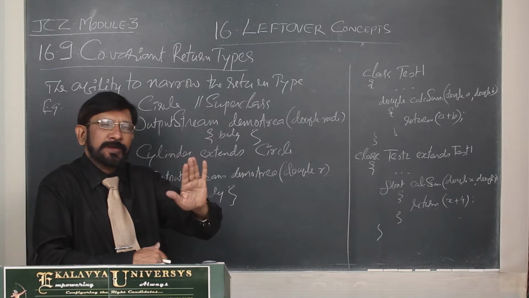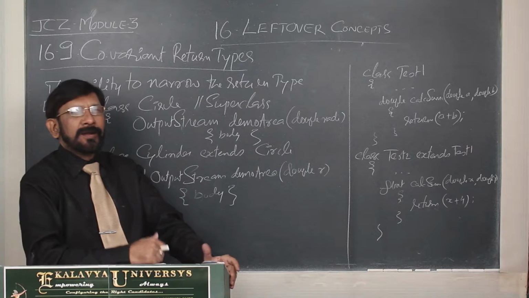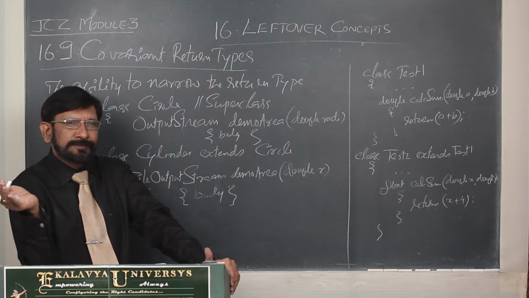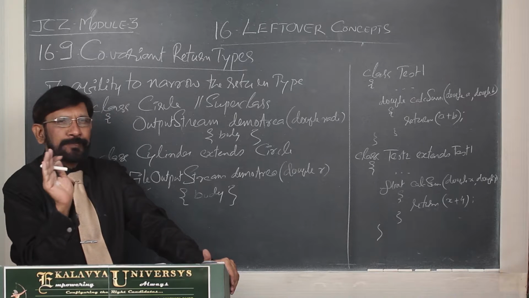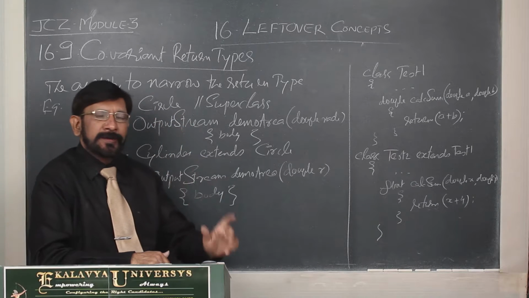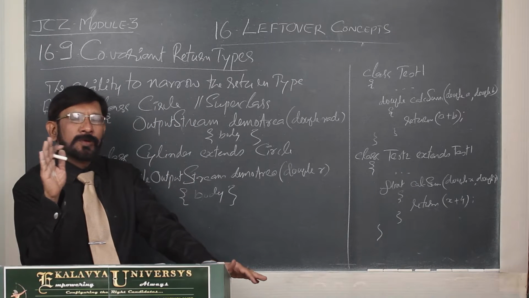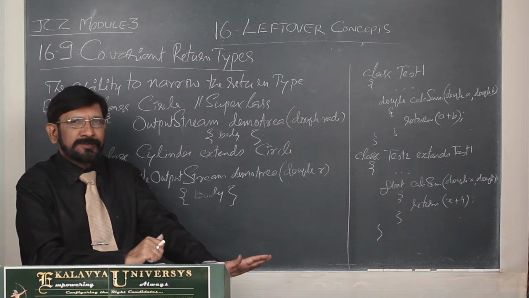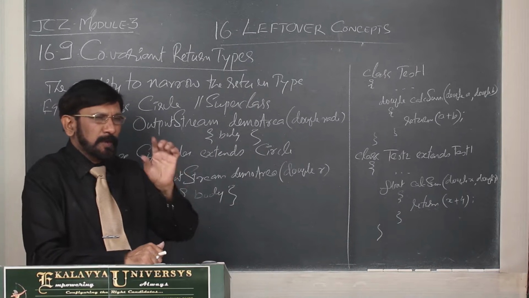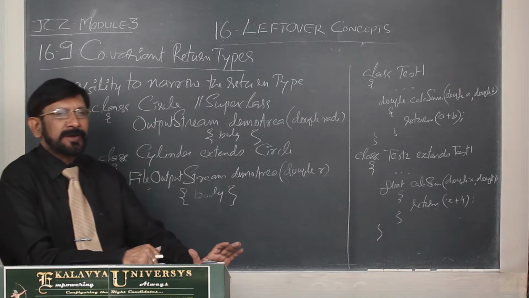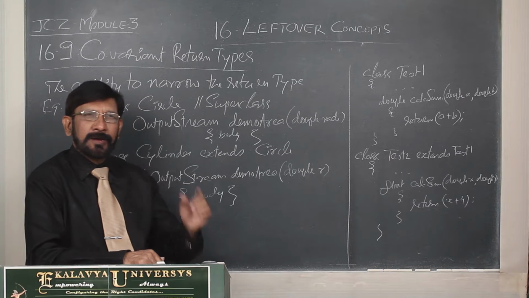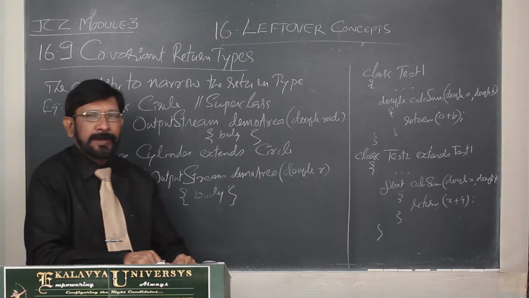And already I told you, methods may deal with primitive types or reference types. Now, covariant return types are applicable to reference types, mainly classes, but not primitives. Of course, it is a simple concept, but try to understand that.